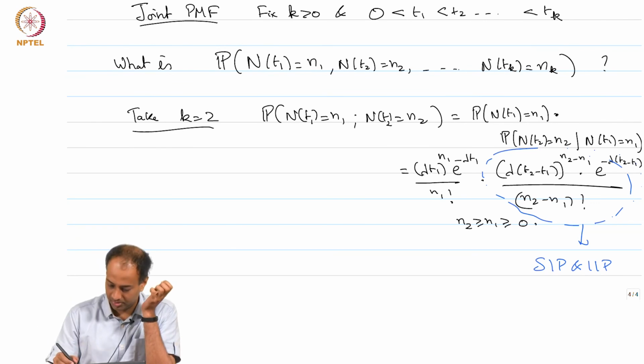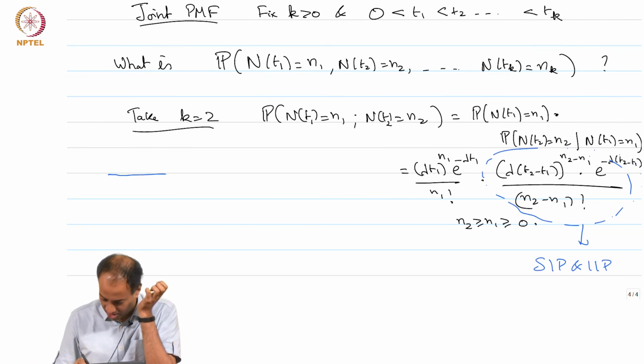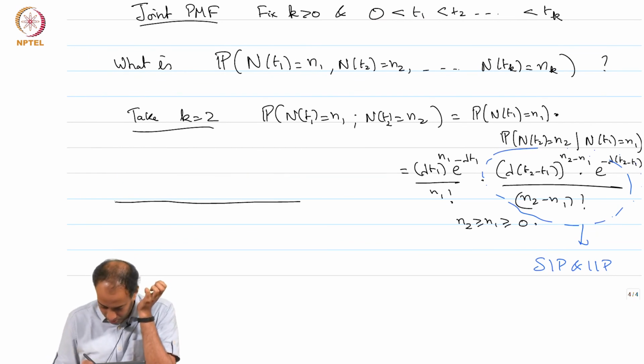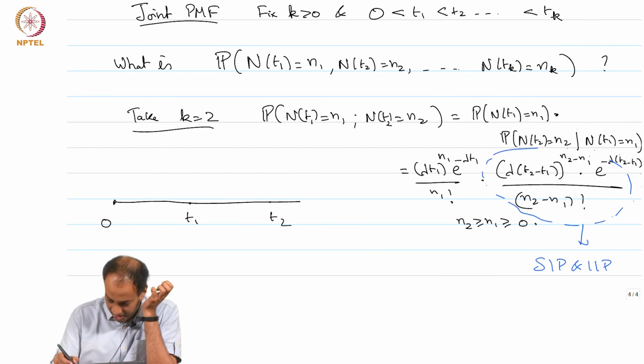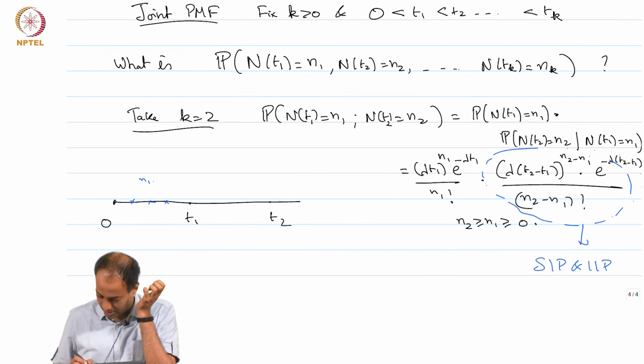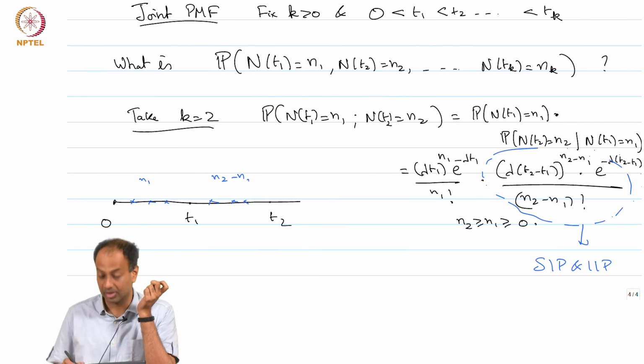To just give you a picture, this is 0, this is T1, that is T2. You had some n1 arrivals here. Given that you had n1 arrivals in 0 to T1, you want another n2 minus n1 arrivals here.